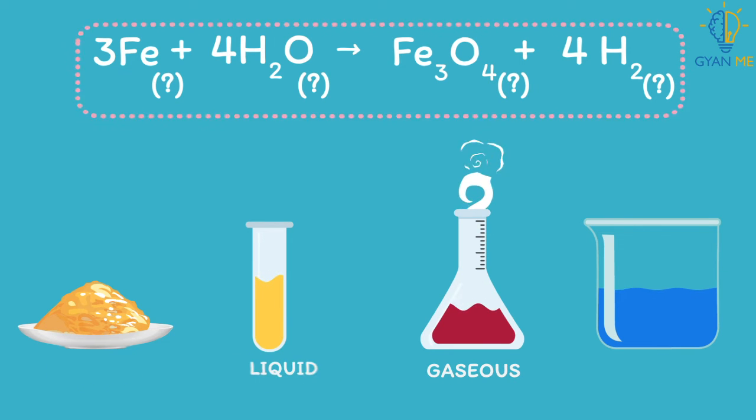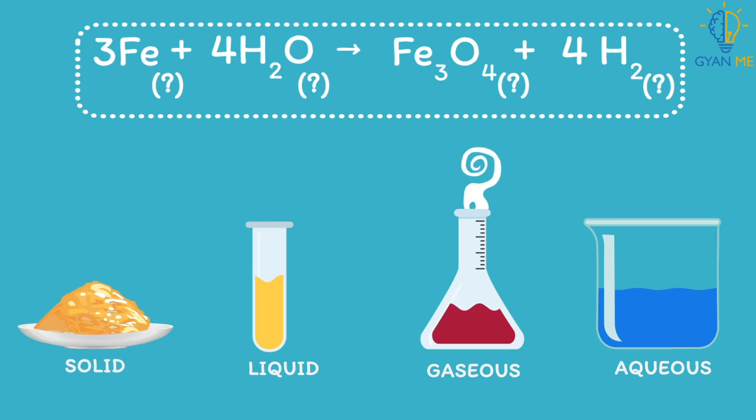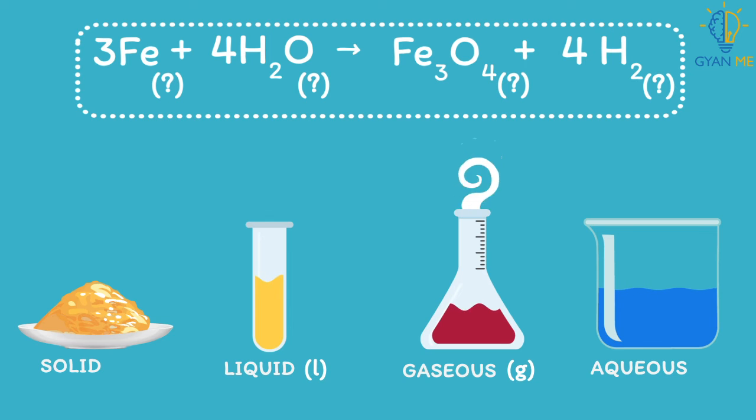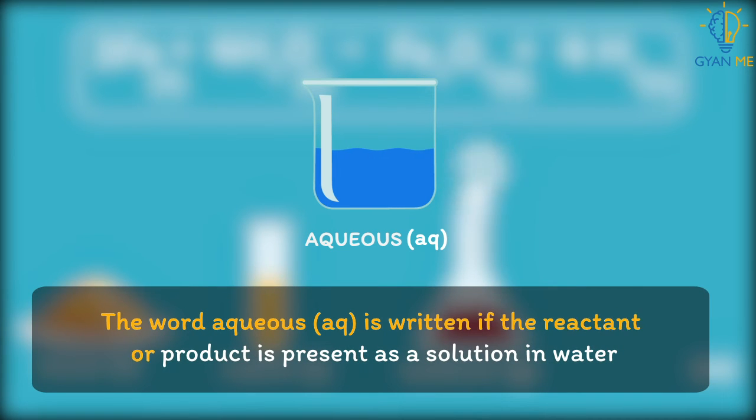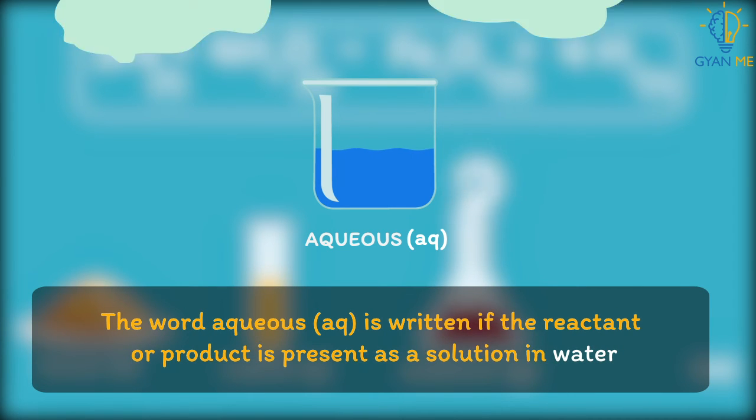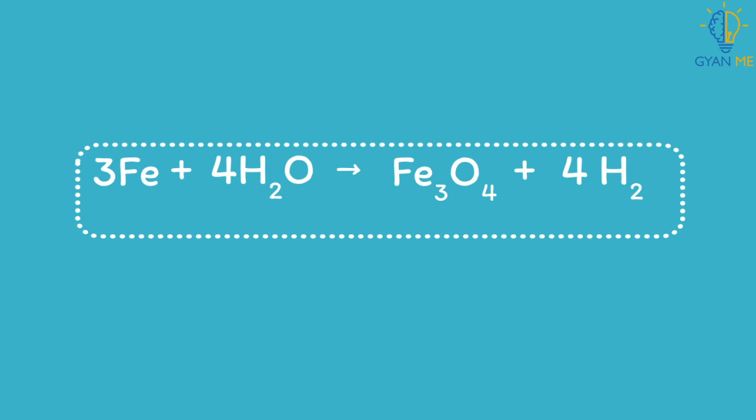The gaseous, liquid, aqueous, and solid states of the reactants and products are represented by the symbols small g, small l, aq, and small s respectively. The word aqueous is written if the reactant or product is present as a solution in water. After indicating the physical states by using the respective symbols, the balanced equation becomes like this.